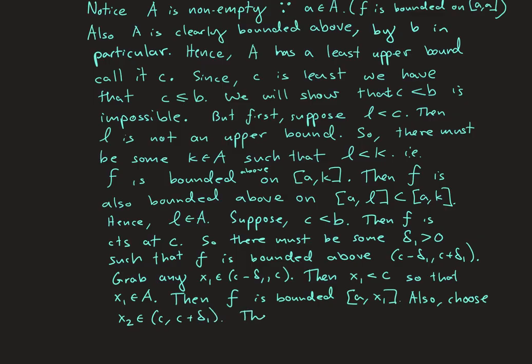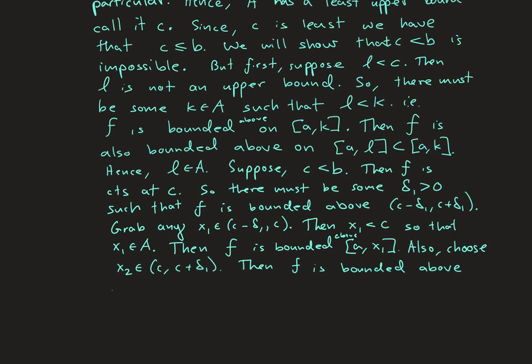Then F is bounded above on the closed interval x sub 1 to x sub 2. Why? Because that is a proper subset of this open interval, and on this open interval I know F is bounded above. Okay?